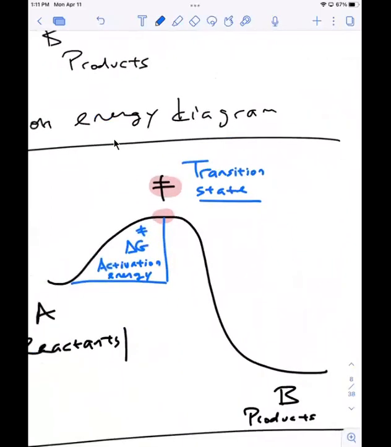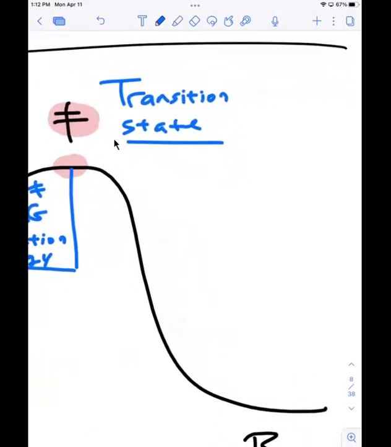In that transition state, this is where the transformation is happening. Well, it's happening getting into the transition state too, but this is the point where the reaction reaches a crescendo, where you have all these partially broken and partially formed bonds, and your reactants start looking more like the products and less like the reactants, and so on and so forth.